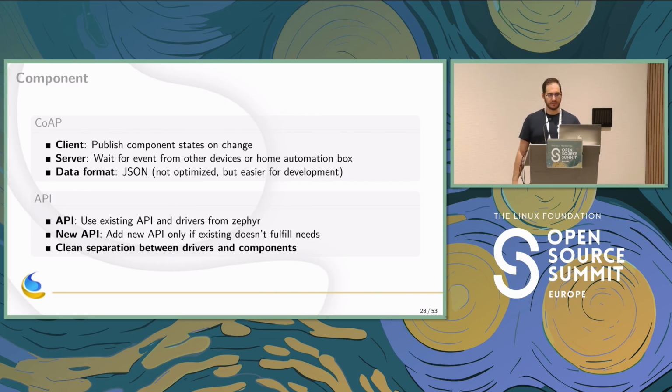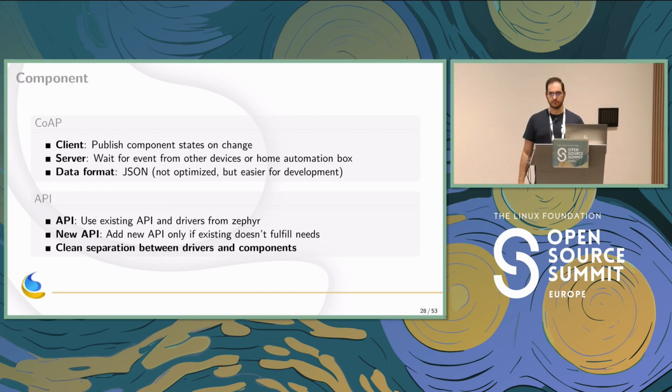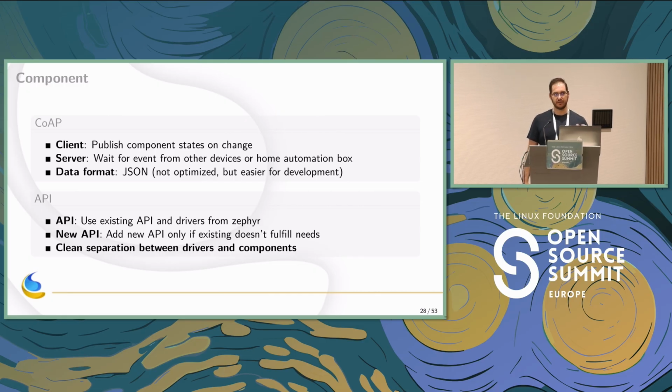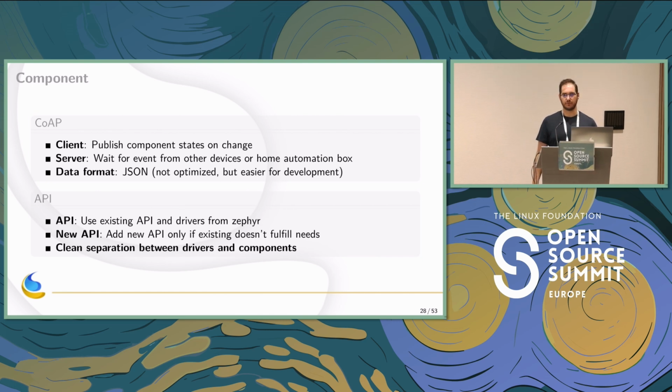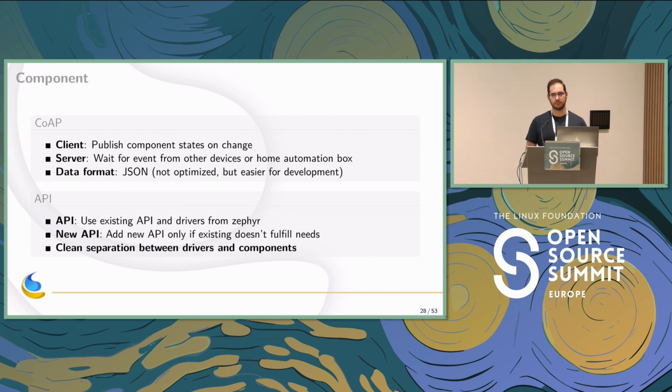In some cases, we may also have a CoAP server. In the case of the light, we have one server. So here we are waiting for commands from another device or from the home automation system. In the case of the light, we are waiting for the state to change to be on or off.